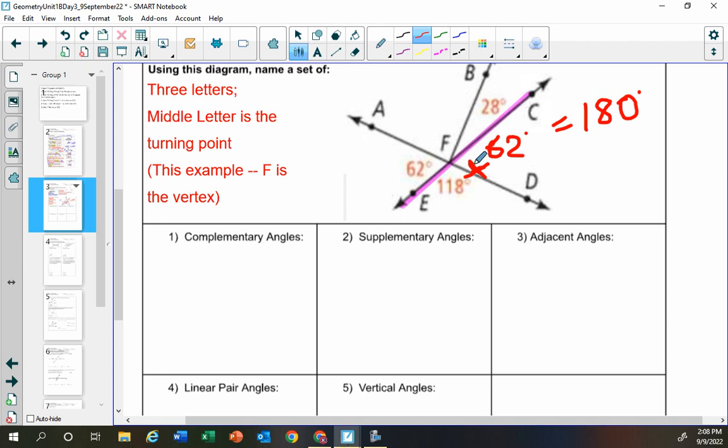So this angle CFD will also be 62. So that's going to be hint number 1. Now, this other part right here, we're going to have to do a little work to get this last little piece. But it can be done.